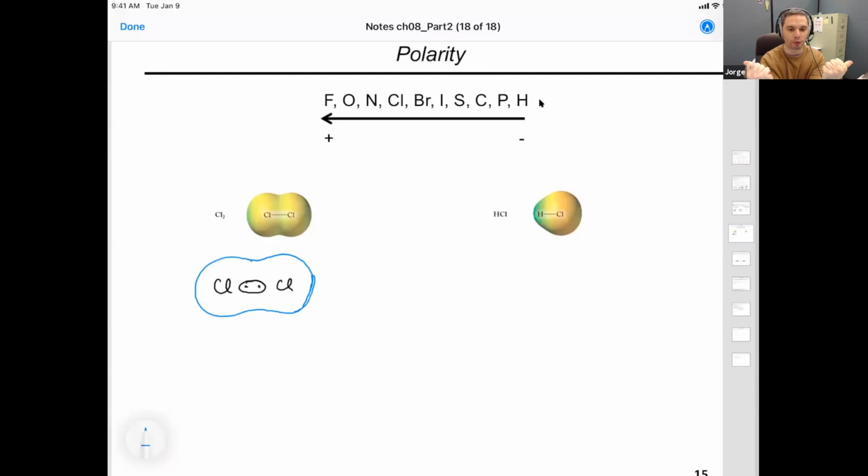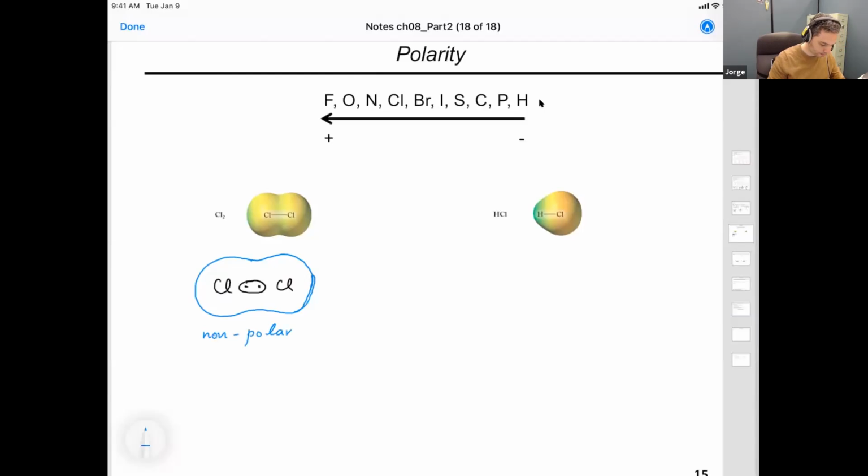They pull towards each other with the same intensity, therefore they cancel each other. Therefore, when there is no intense pull, no polarization, we call this chemical bond non-polar.